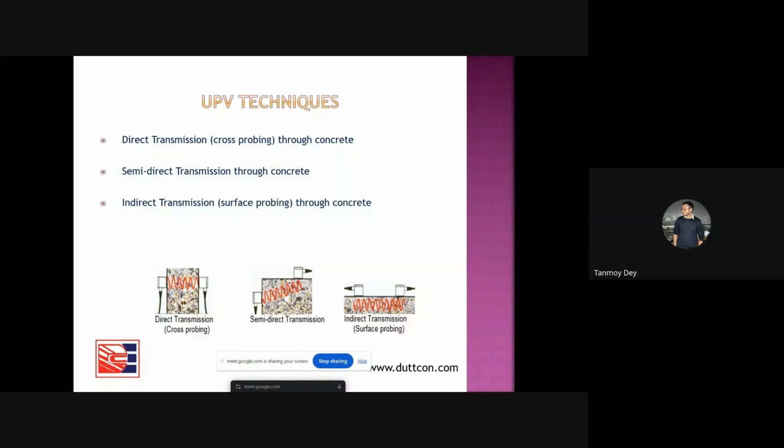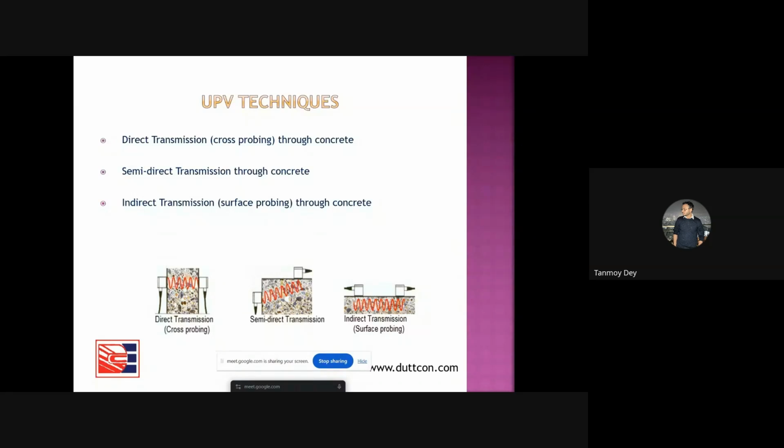In the UPV technique, since we are using it here in concrete, we are using two probes. These may be direct, indirect, or semi-direct. In many cases, direct reading may not be possible. What is direct?